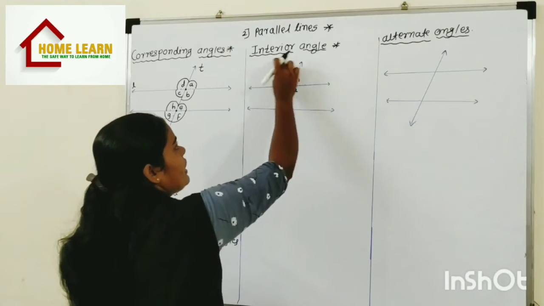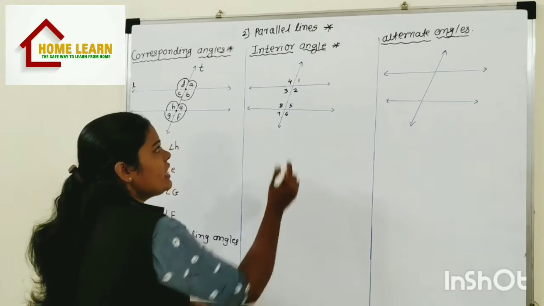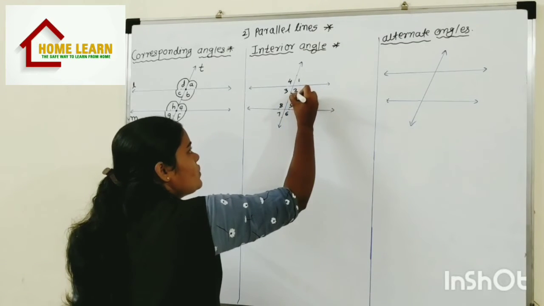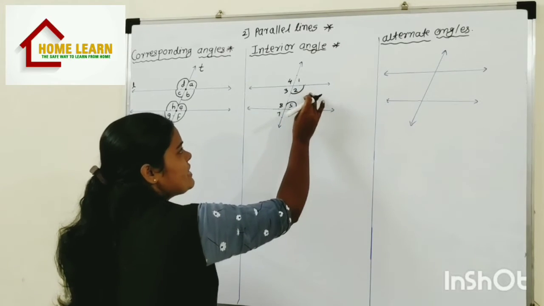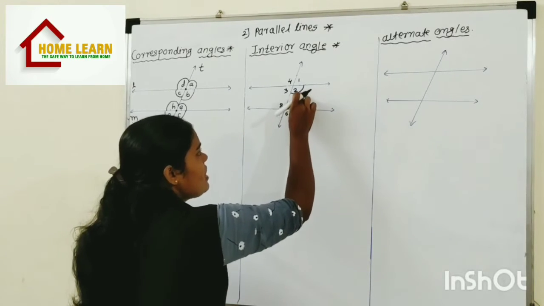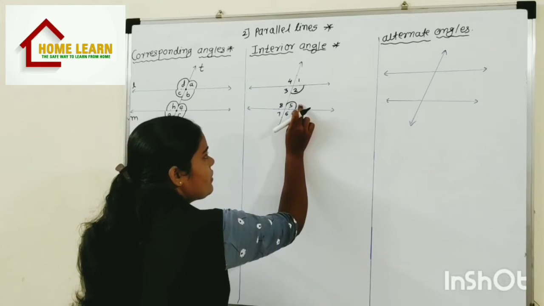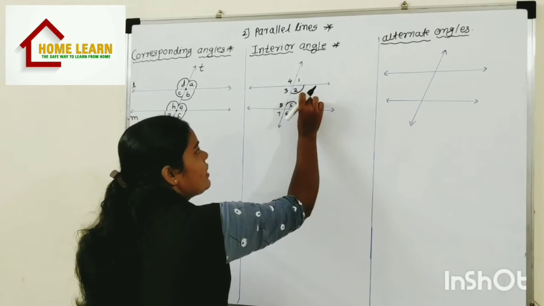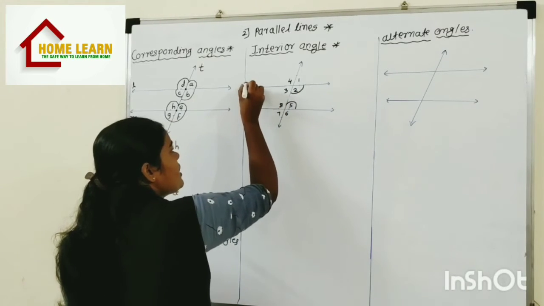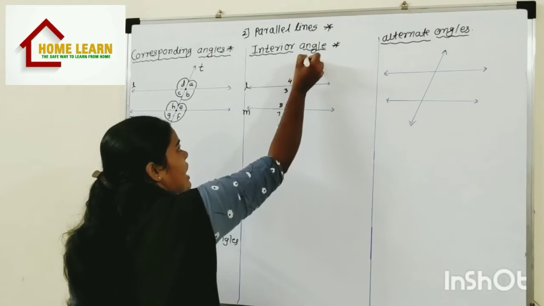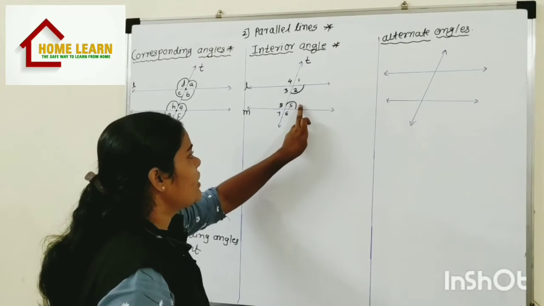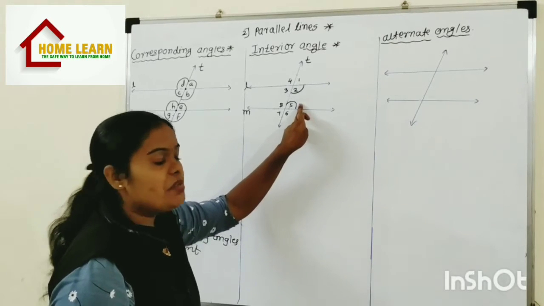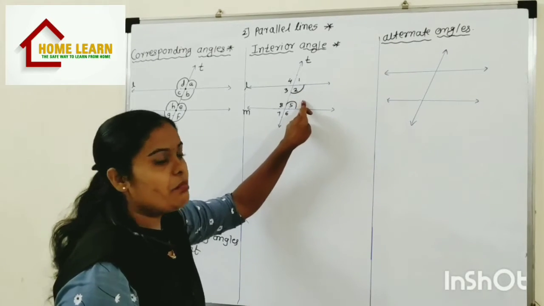Interior angles are those which lie in the interior part on the same side. Angle 2 and angle 5 lie in the interior part of the two lines. Mention here line L, line M, and this is the transversal line.